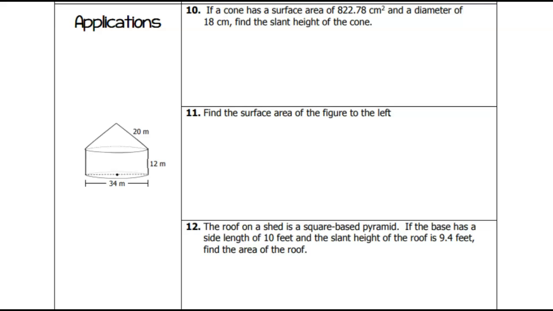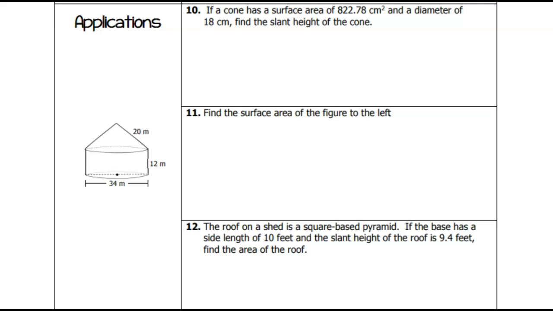All right, just a couple problems left. Number 10, we have some applications, and we are given the surface area of a cone and the diameter. Find the slant height of the cone. So whatever it is that I'm given, I really want to set up an equation. So I am going to use my surface area equation, but I'm going to fill in the parts that I know.